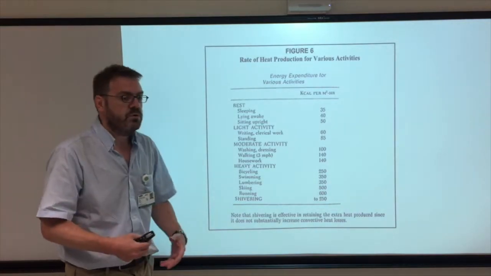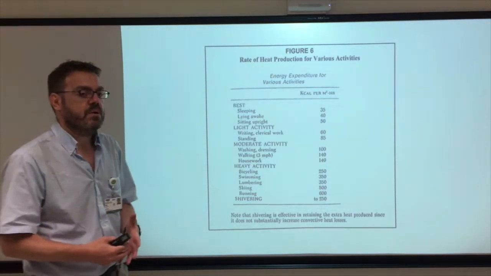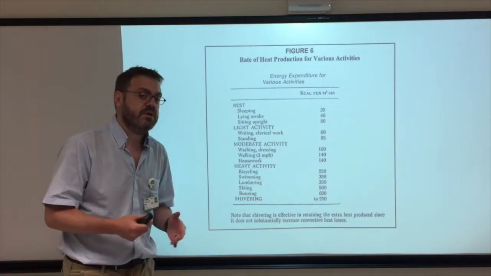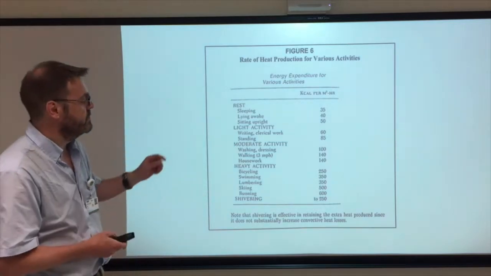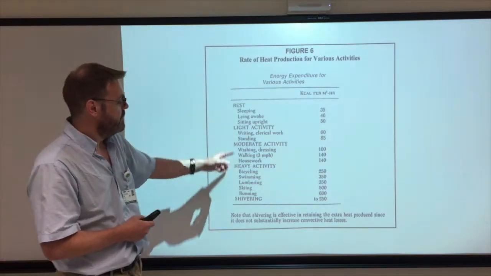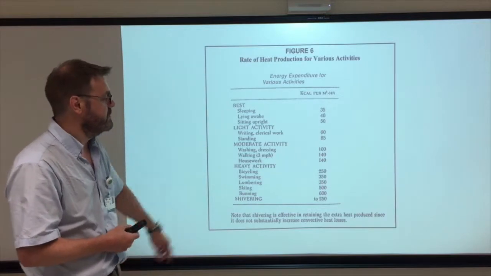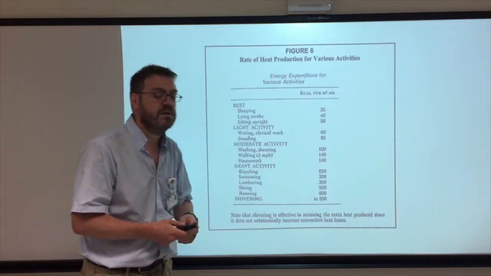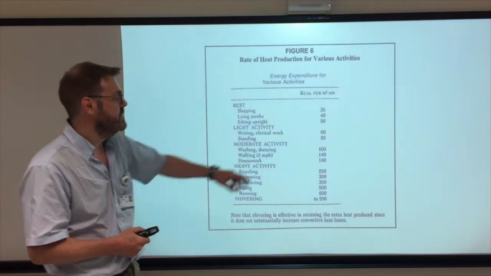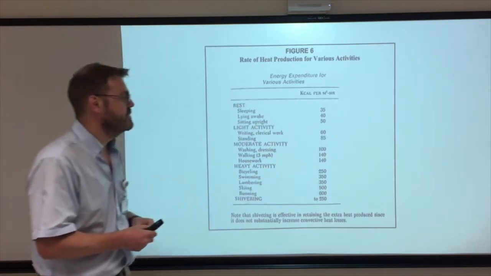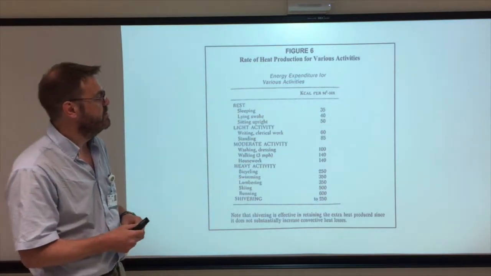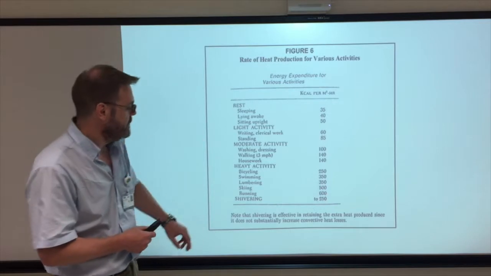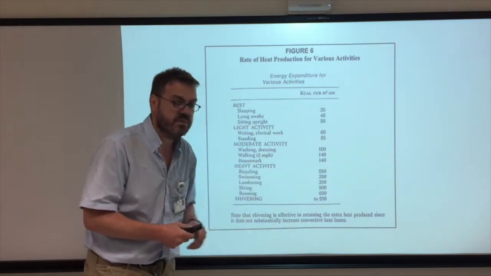So when we're talking about raising or altering your metabolic rate, which is the first way we talked about just then, you have these different exercises. Sleeping, as I talked about, is very low metabolic activity, 35 kilocalories per meter squared per hour. On the other end, you've got running, which is about 600.